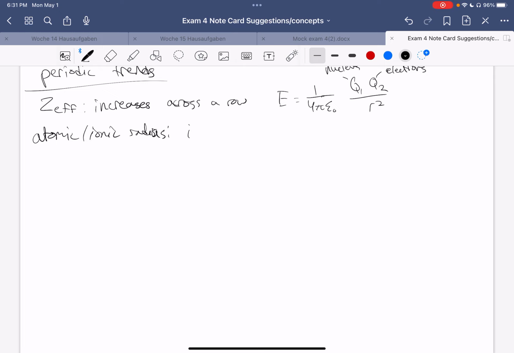So it's a similar trend with Z effective, except the radius decreases across a row, and increases going down.